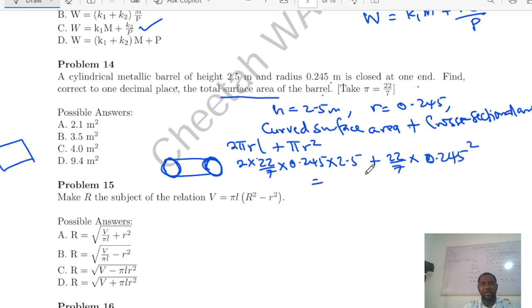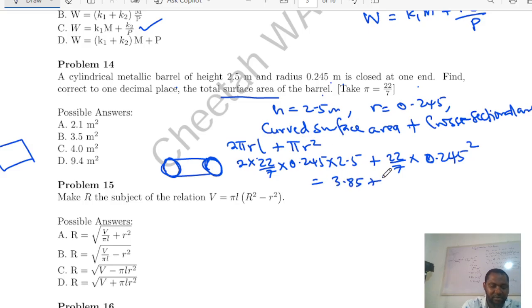So I'm going to do this at once. Hopefully I get my answer at once. So 2 times 22 over 7 times 0.245 times 2.5. Okay, the first part is giving me 3.85.